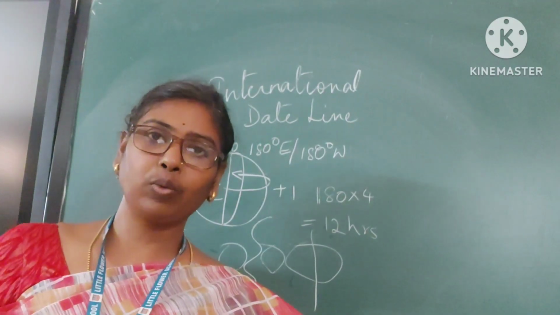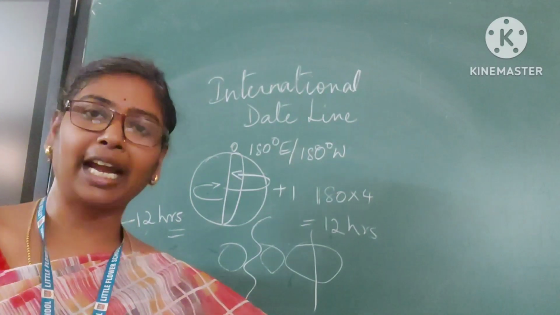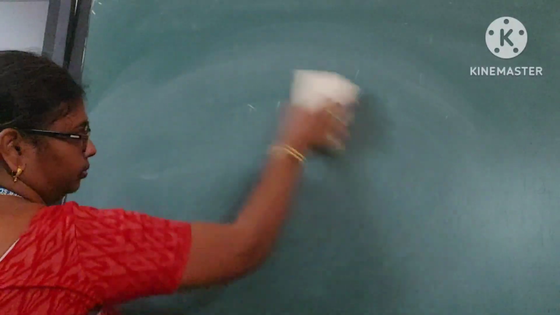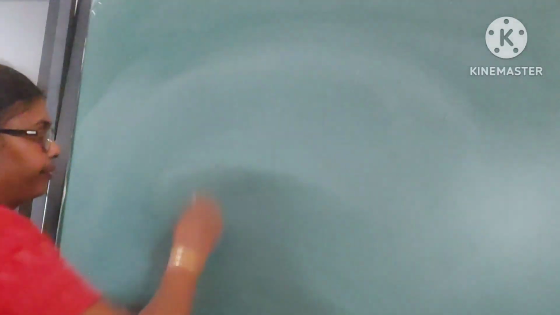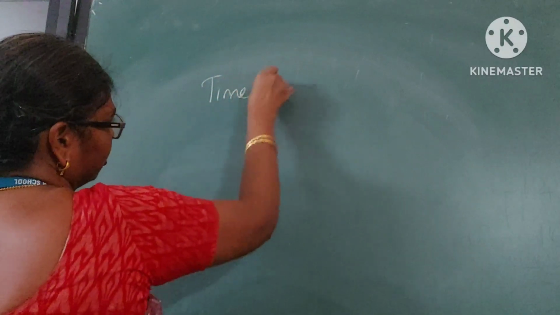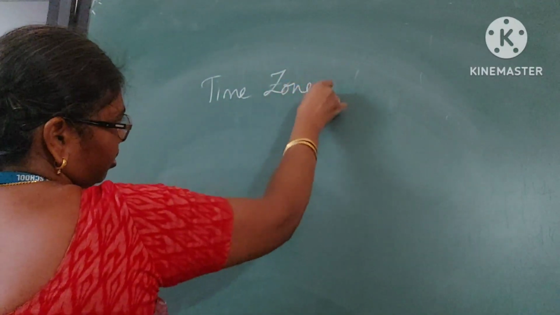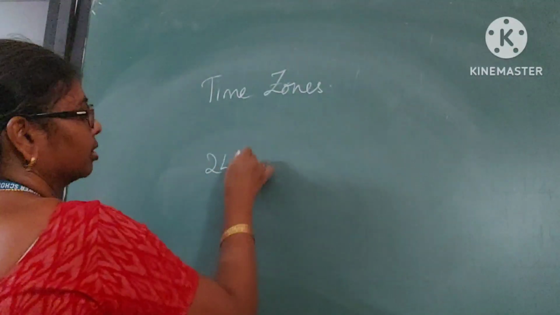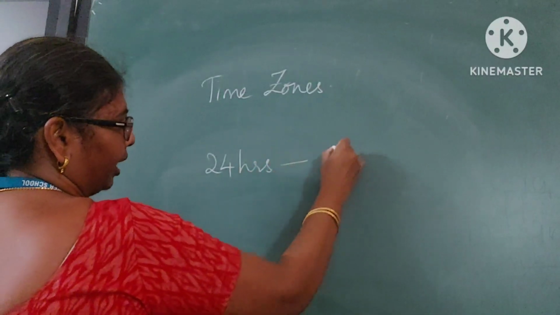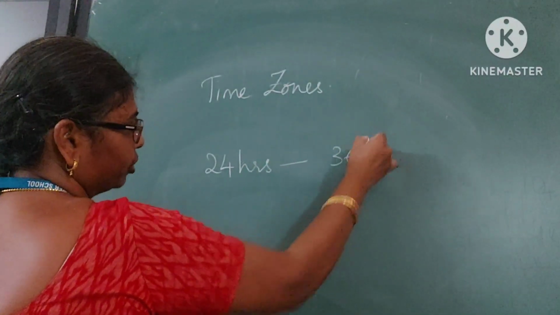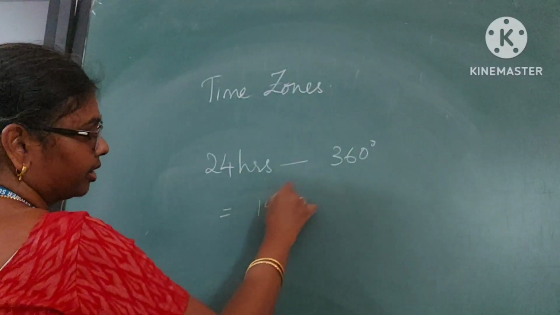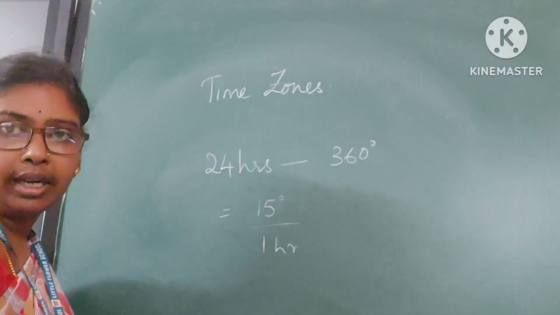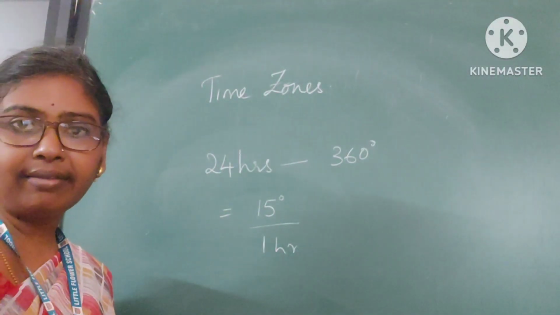And the last topic we are going to see is time zones. We have seen that the 24 hours are divided among 360 degrees of longitude. It gives 15 degrees for every 1 hour.